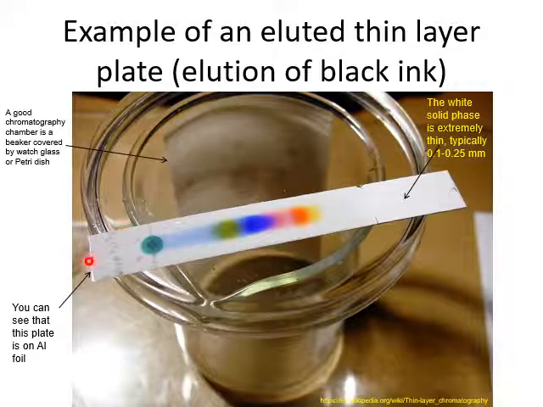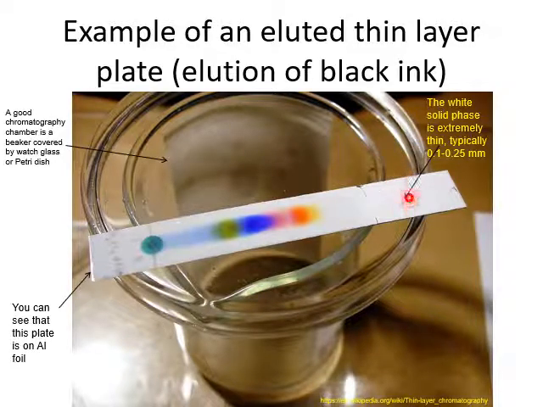So you want the solvent to begin rising as you put your sample in here, and it'll start pushing the components and separating them based on their polarity. But if it's open, then the solvent will not as effectively rise up the plate, but it'll start evaporating out of your beaker. So by covering it, you create this closed system, right? And that's what you want.